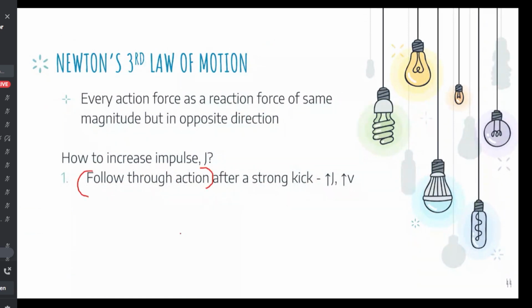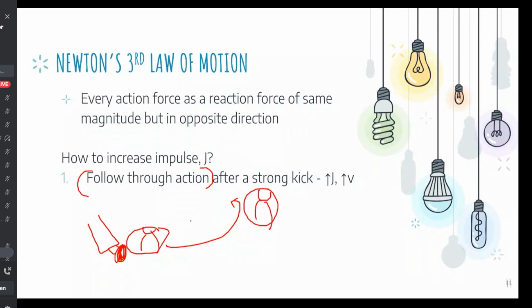The idea of follow through action is like this: when you have a ball, like a football, and you kick it, in order to make the ball travel further and score, the football player will have this kind of follow through action.